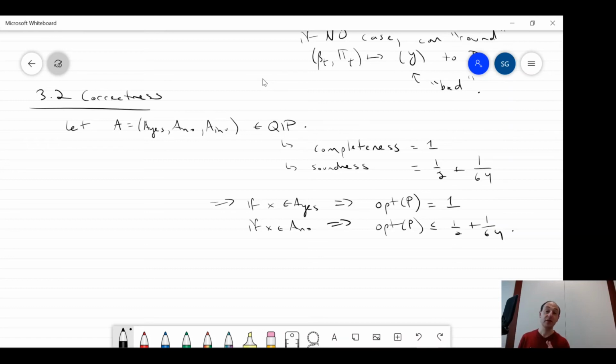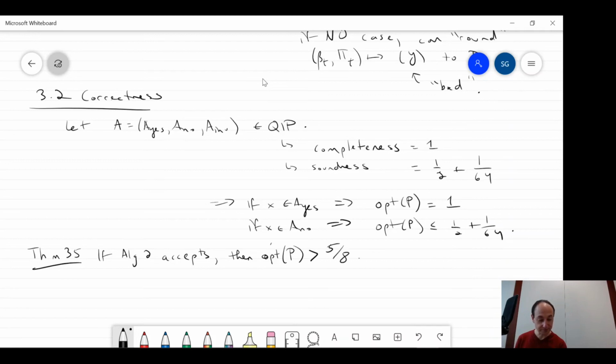Good. So what is the main theorem we're going to show about algorithm 2? It's theorem 35. And it says, if algorithm 2 accepts, then opt of P will be strictly larger than 5 over 8.